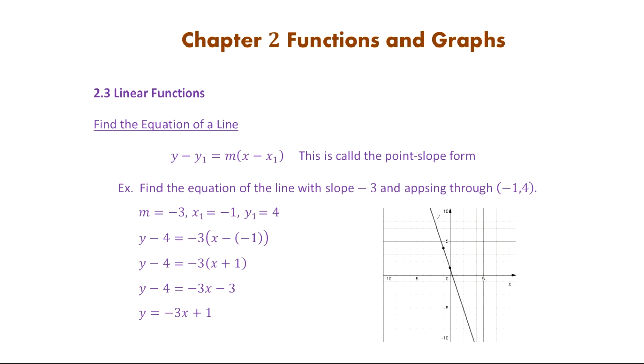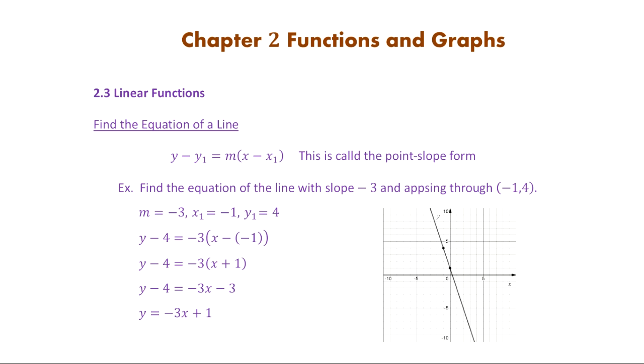So let's do some examples of finding the equation of a line by using the point-slope form. So that's another form of equation of a linear function or linear equation. If you are given the slope and a point on the line, then you can use this form to write the equation of the line.